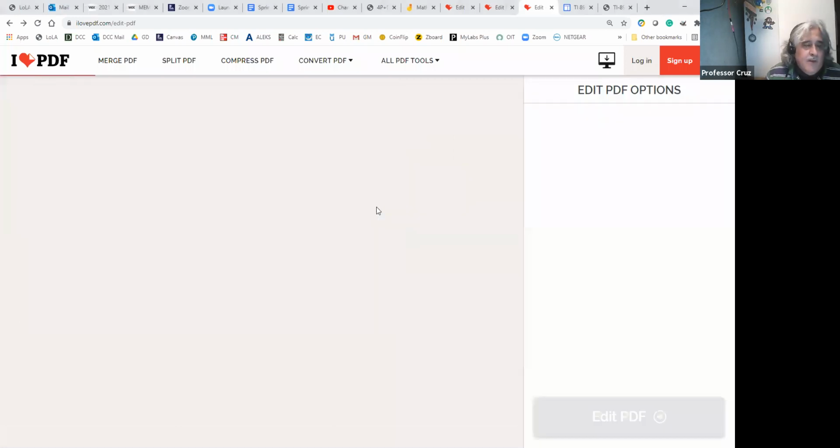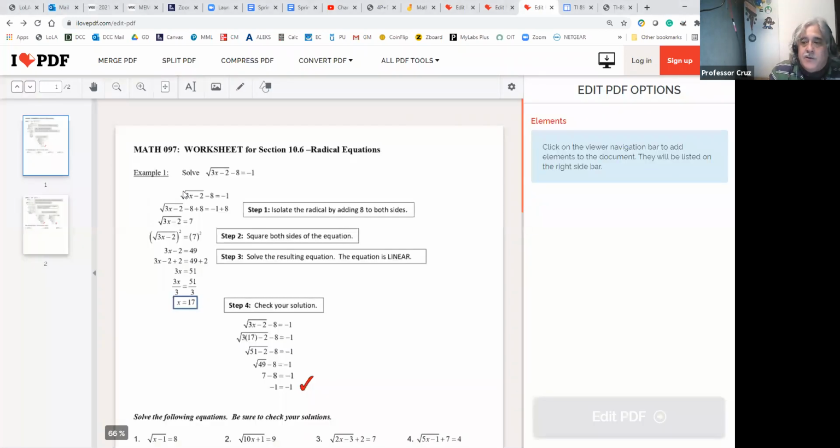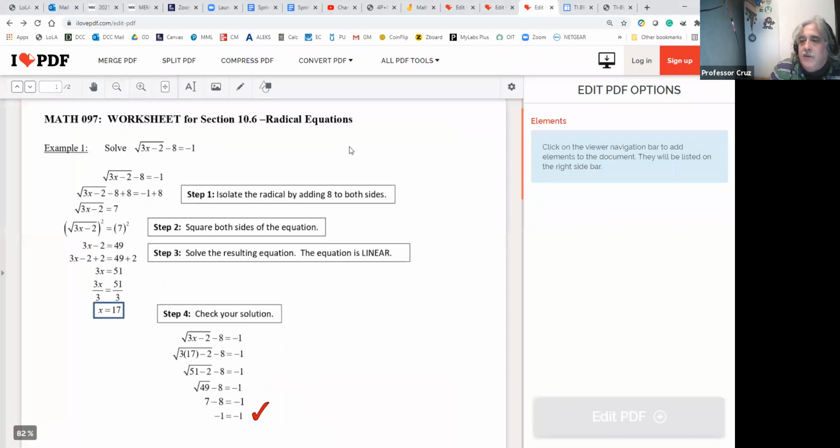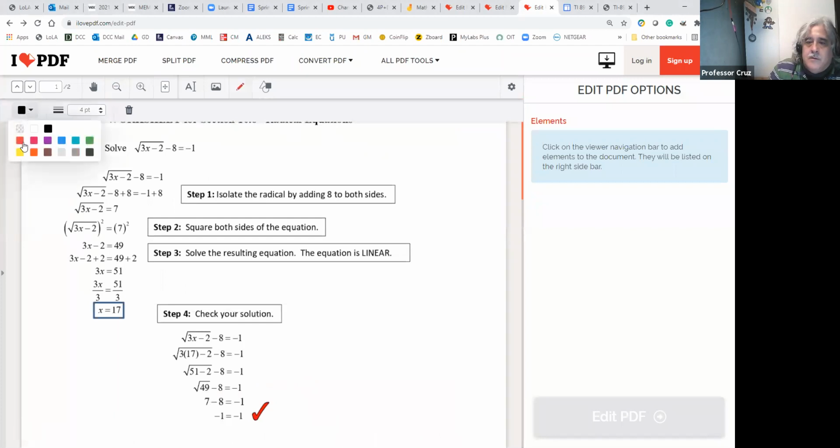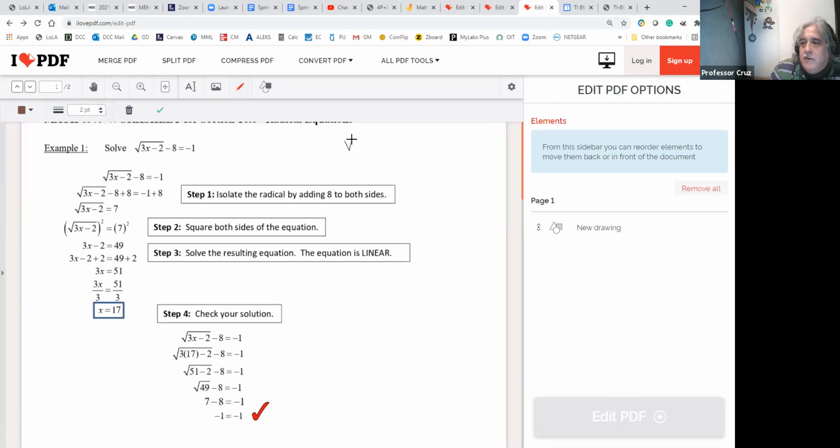We're going to take advantage of the fact that if we square something, in other words, if you have the square root of 2 and you square it, then the 2 pops out. So with a radical equation, just look at this example.